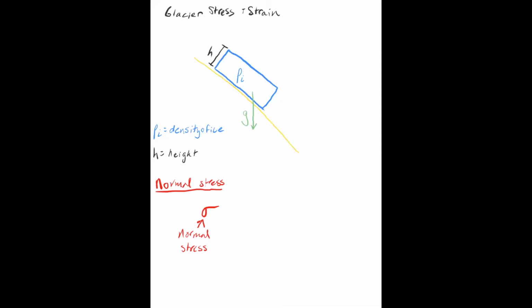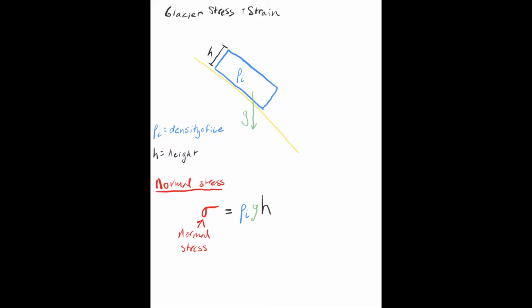So the really simple expression for normal stress for our glacier is sigma, equal to rho I, the density of our ice, times the gravitational acceleration, g, times our height, h. This is the expression for the normal stress of a glacier.